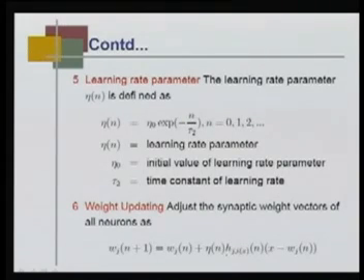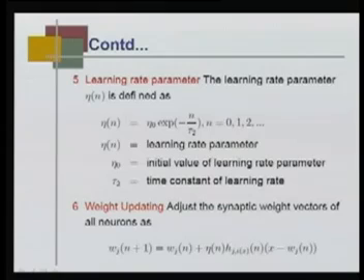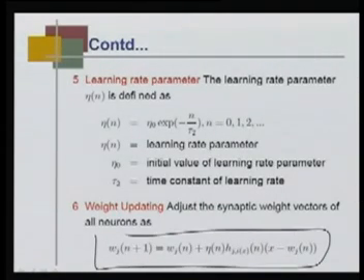So, once I find out the winning neuron and the neighboring neurons with their neighborhood function, then the weights of each neuron are computed by this. This is my Kohonen algorithm, that is, each neuronal index is updated based on its old reference vector.